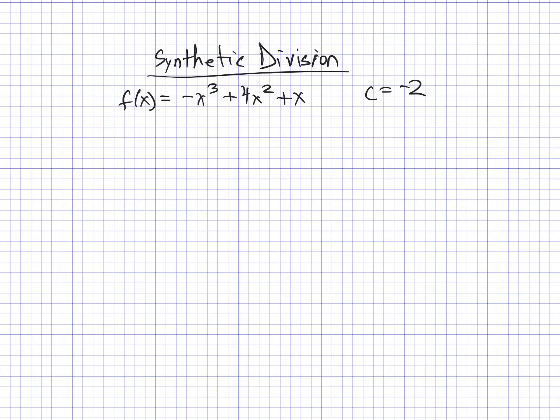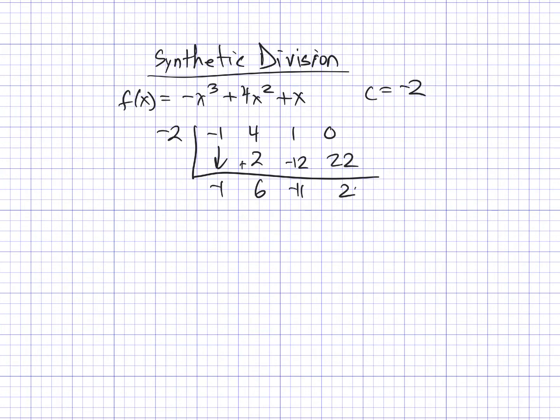Go ahead and use synthetic division and tell me what you get. Okay. Negative 1, 4, 1, and 0. Negative 2 goes there. Drop the first one down, multiply. Add, and multiply. Add, and multiply. Add. That's your remainder. We got 22.